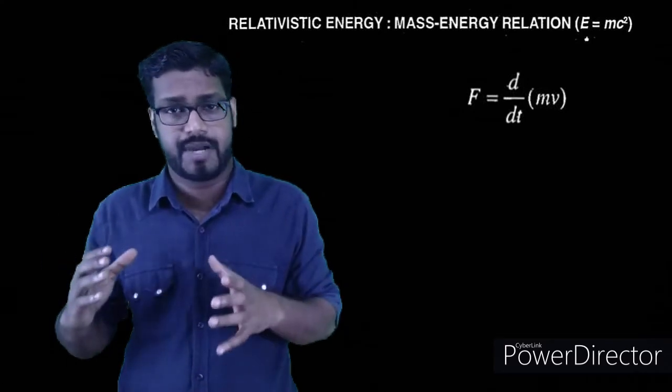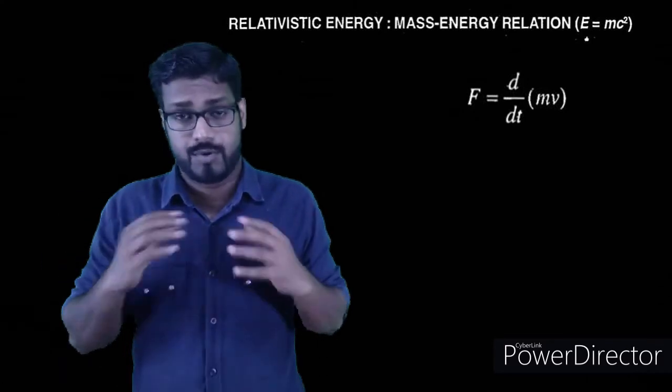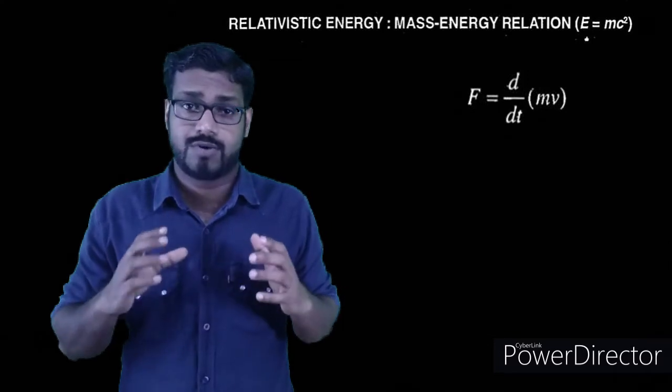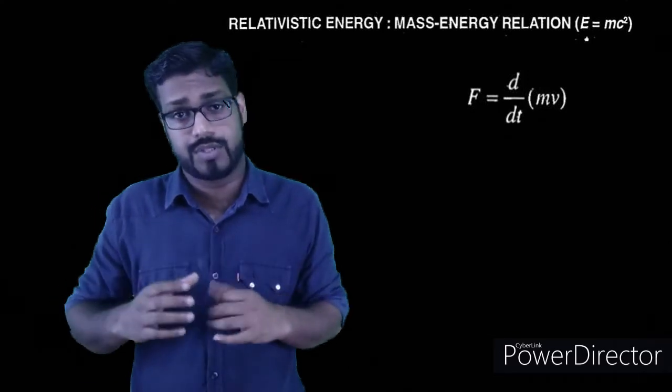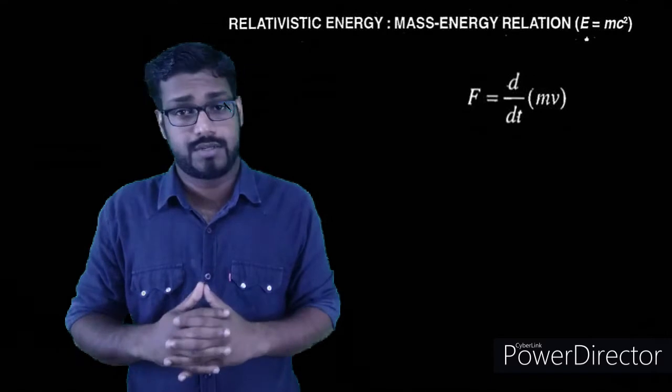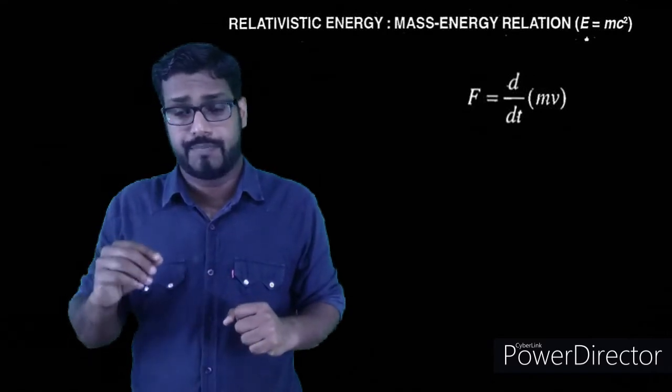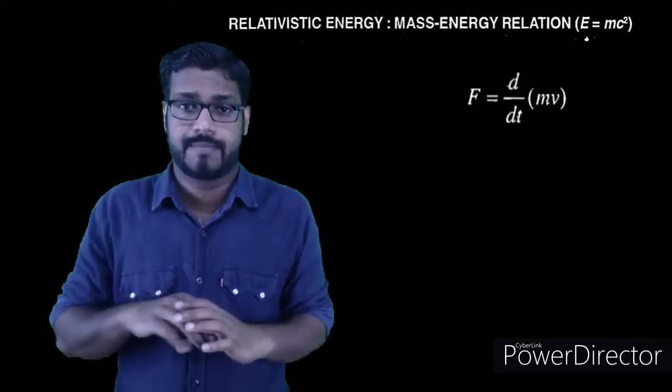or d(mv) by dt. From Newton's second law, we know that the force acting on an object will be equal to the rate of change of momentum of that object. So F is equal to dp by dt or d(mv) by dt.